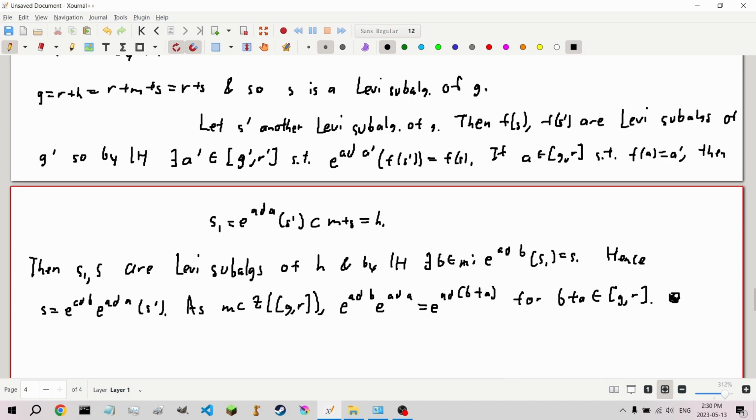And that is our special automorphism. I should verify that. Yes, that's our special automorphism.